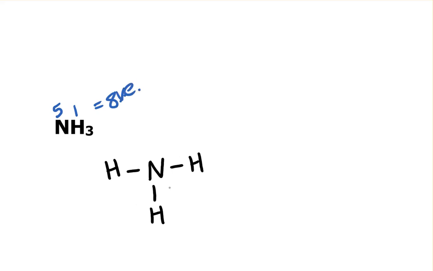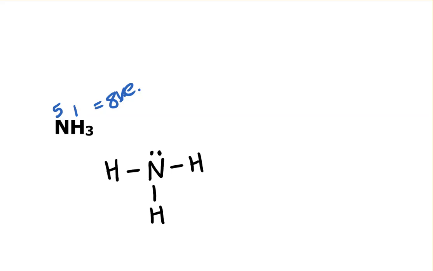How many are on the structure already? A dash is 2 electrons, so 2, 4, 6 electrons. I have 2 more. I check, always check the outside. Hydrogen doesn't need them. Hydrogen already has 2. So all the hydrogens are okay. So if I have extra after the outside, then I put them on the central atom in a pair.